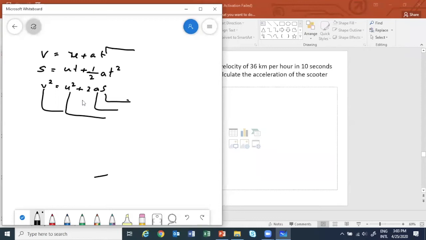Based on this, we solve some of the numericals today, and then we will go to the graph. Okay.